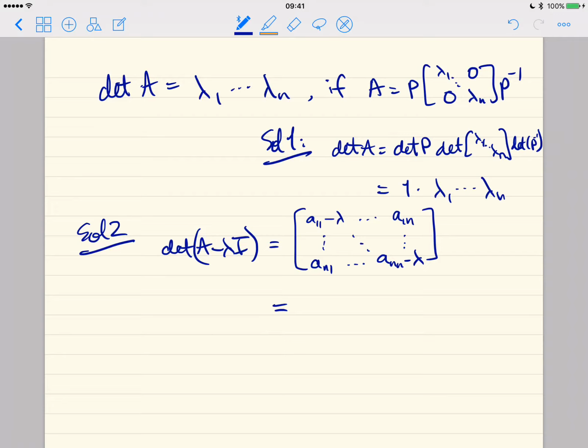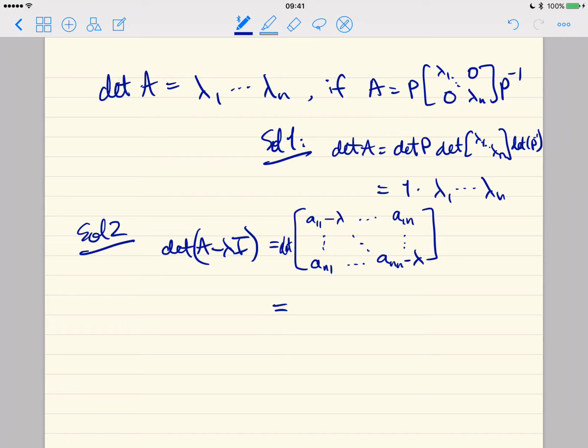So when you calculate the determinant of this matrix, you're going to get lambda. What's the biggest power of lambda you're going to get? Lambda to the n. What's going to be the coefficient of lambda to the n when we work all this out?